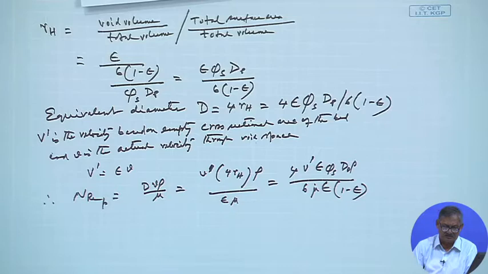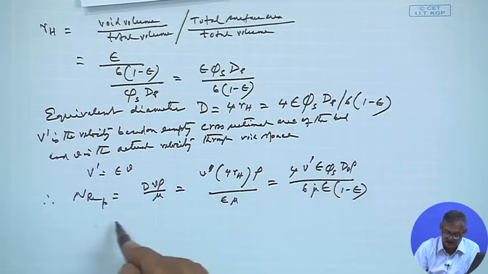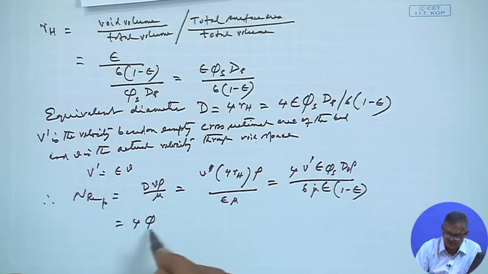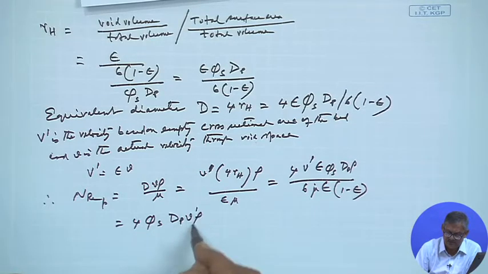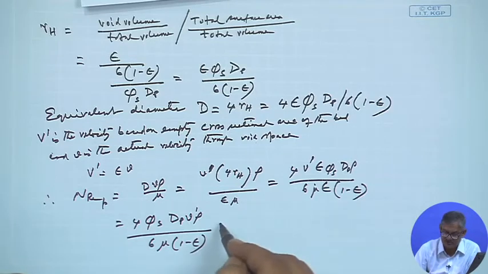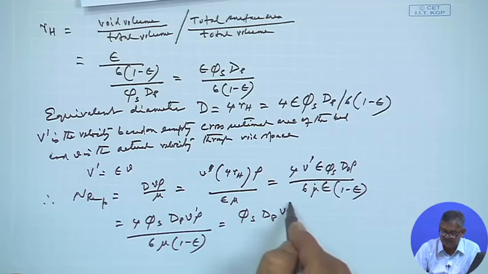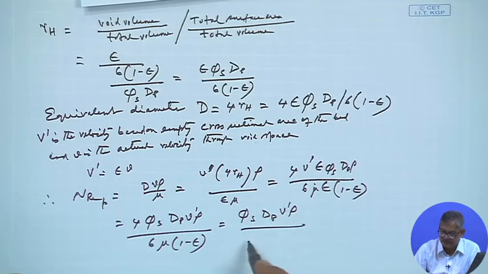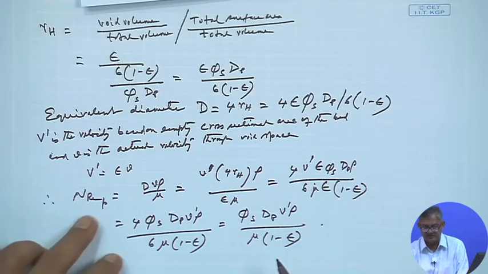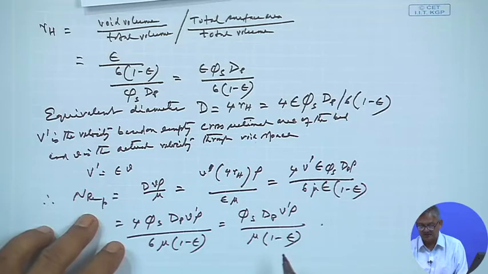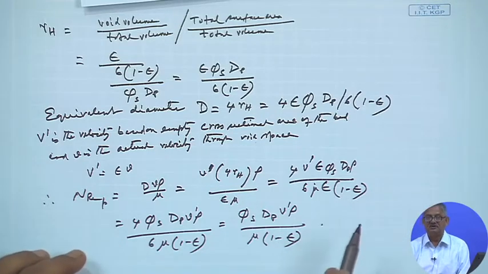So, this we can rewrite as 4 phi s dp V prime rho divided by 6 mu 1 minus epsilon. So, this is phi s dp V prime rho by mu into 1 minus epsilon, right. So, this is N Re particle, not D V rho by mu.